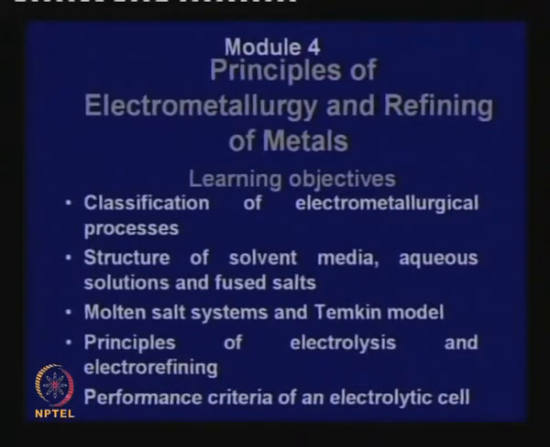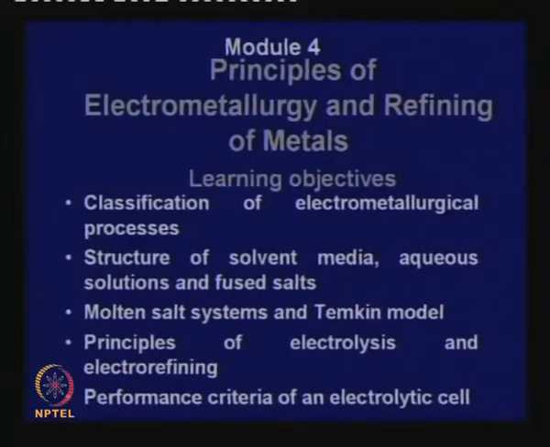In module 4, we have talked about electrometallurgy and refining of metals. We have combined the two because electrometallurgy generally produces metals of very high purity. Generally, there are exceptions, and refining of metals also aims at producing high purity.